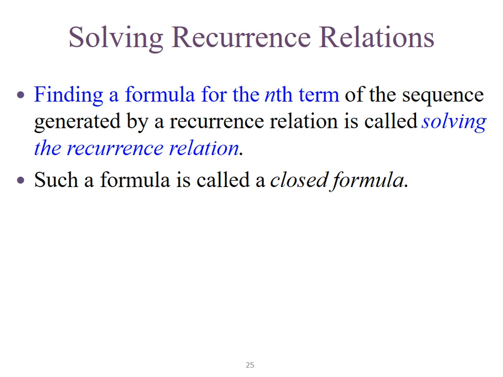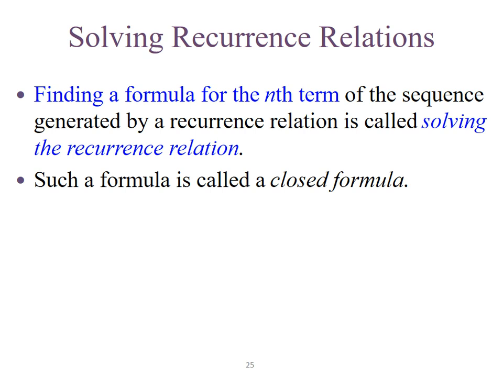Today we are going to find a formula for the nth term. In that case, you don't have to calculate F1, F2, F3 up to F10 through the sequence. Once we have the closed form solution, we can calculate F10 directly. For example, for the Fibonacci sequence, what is the term F10?